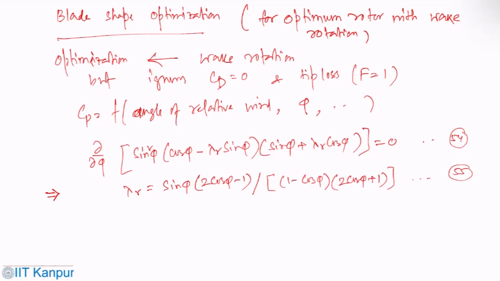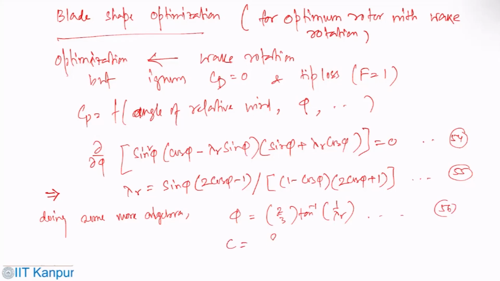So if you do some more algebra, we get phi equals 2/3 tan inverse 1 by lambda r, and we get C equals 8 pi r by B CL times (1 minus cos phi). Okay, so that is what you get.